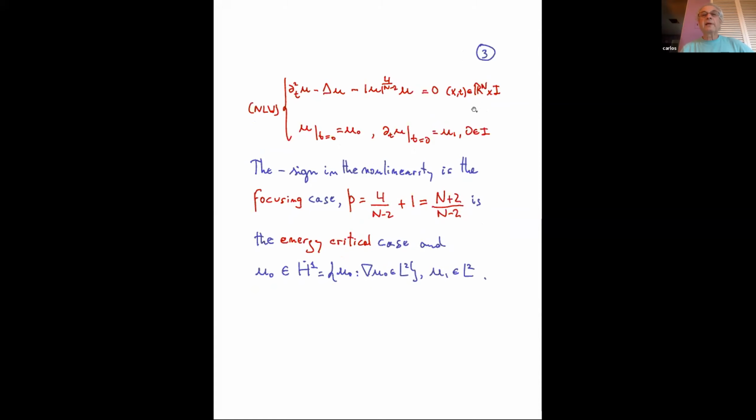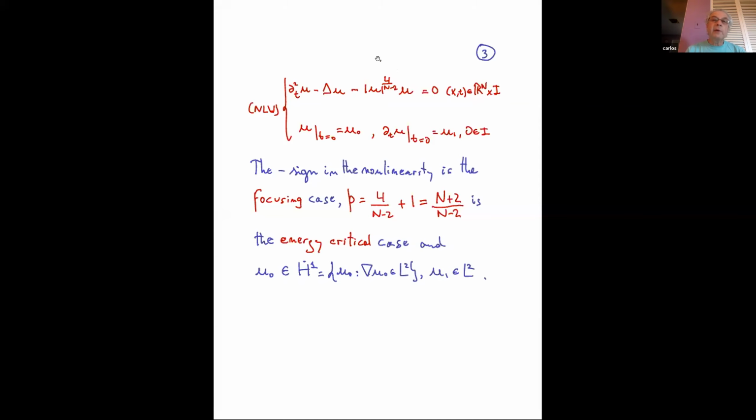And this holds in R^n cross a time interval which contains the origin. The fact that we have a minus sign in the nonlinearity indicates that it's the focusing case, because the linear part is positive and the nonlinearity is negative. So there's a competition between linear and nonlinear effects.